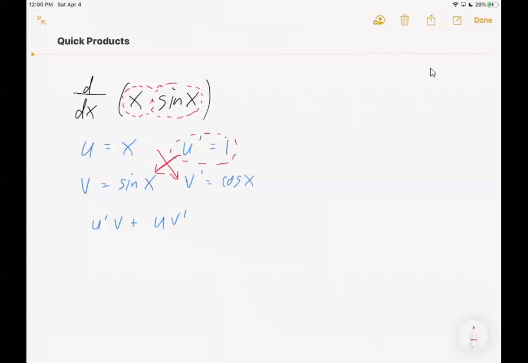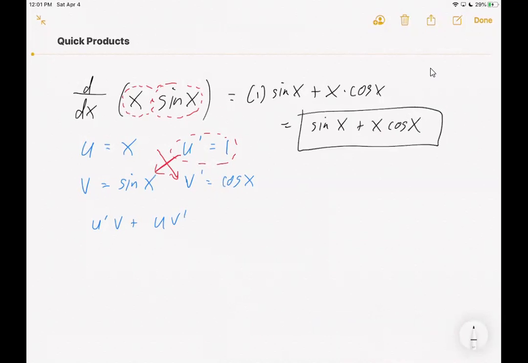So for this particular case, the answer would be the criss, which would be 1 times the sine of x plus the cross, which would be x times cosine of x. And obviously you simplify that down as sine of x plus x cosine of x, right? So that is our answer.